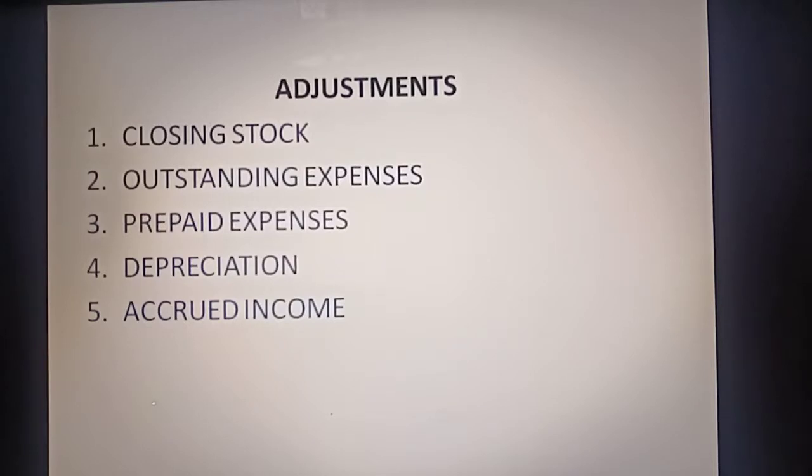Simply stated, while preparing final accounts, it must be checked whether there is a transaction which has been omitted to be recorded in the books, or which has been wrongly recorded, or of which only one aspect has been recorded. An entry will be passed, and such an entry is called an adjustment entry.